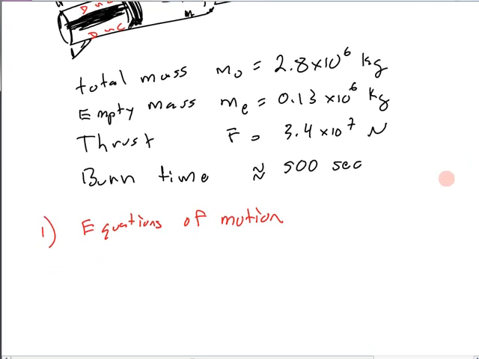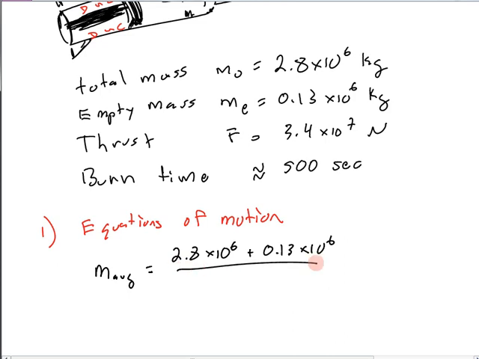We can try and factor that in by taking into account the average mass. So the average mass is just going to be the total mass and the empty mass over 2.